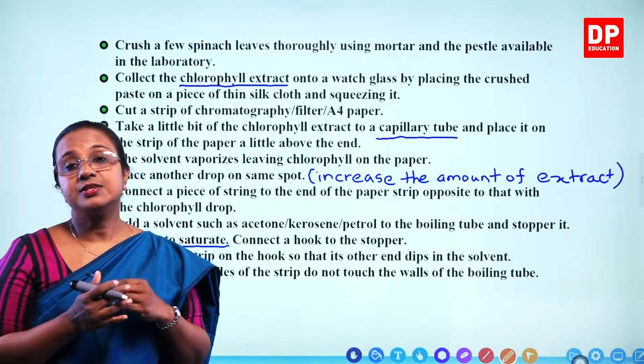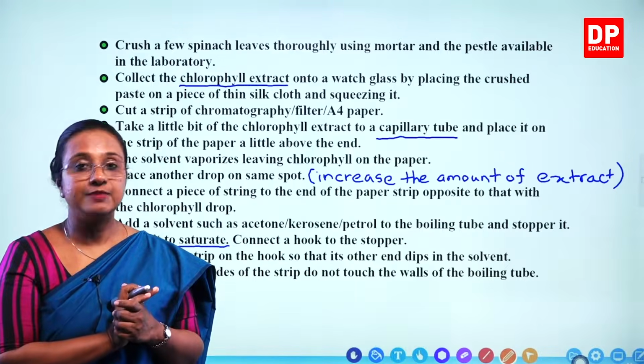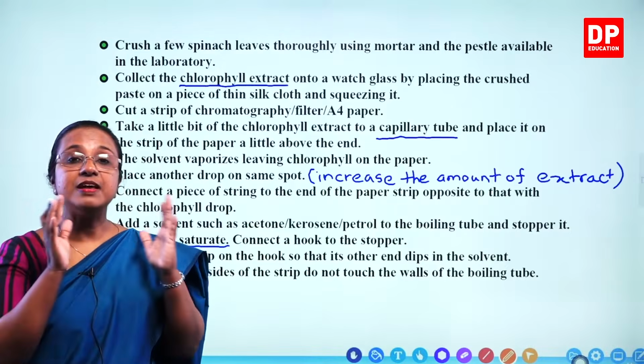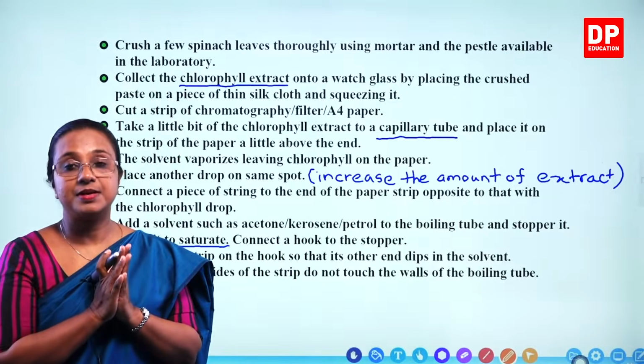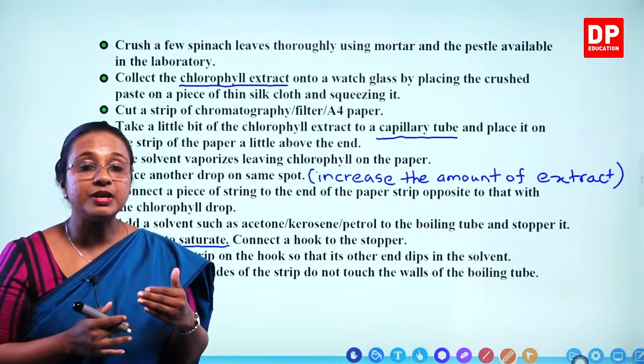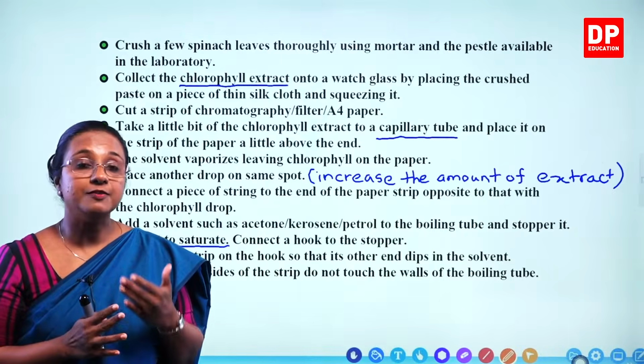So when we take the solvent, close the stopper and keep the boiling tube aside for some time. The solvent will vaporize and fill in the air present. So then the boiling tube will be saturated with the solvent, that is the mobile phase.